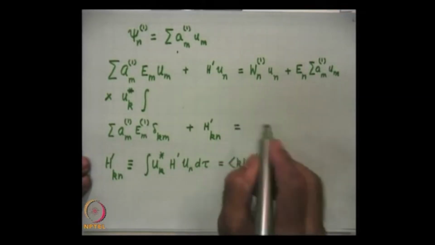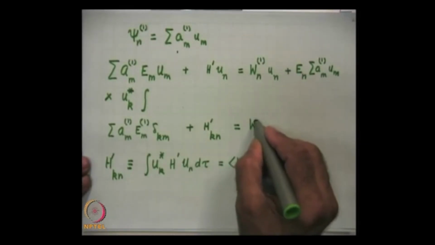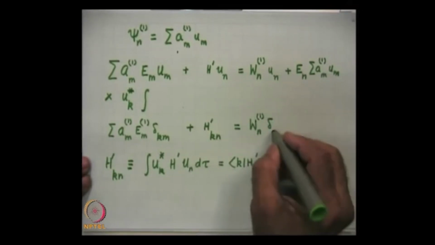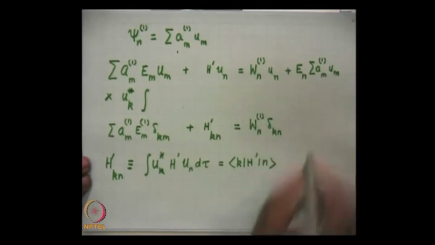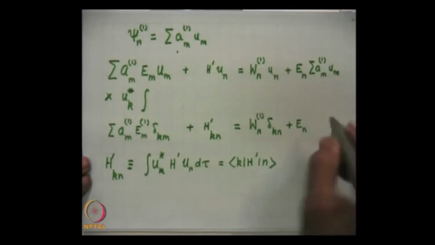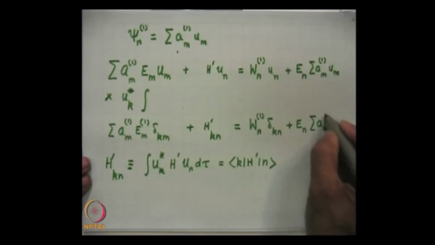Plus, using the Kronecker delta symbols, we get W n 1 delta k n, plus E n summation A m 1 delta k m.